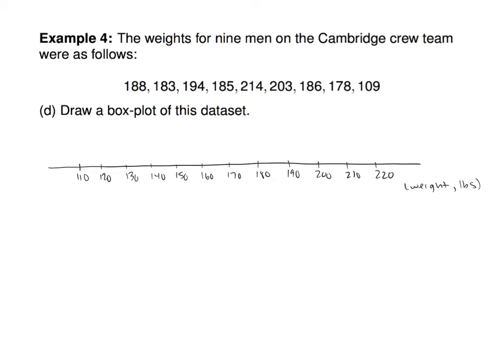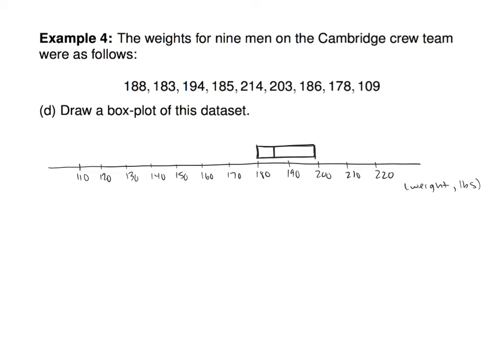All right, so let's first make the box part of the box plot. With the box part of the box plot, the lower end is at quartile 1, which is 180.5, so pretty much 180. The upper end is at quartile 3, which is 198.5, so just below 200. So there's your box. Now you draw a line through this box at the median. And the median is 186. So there's your median.